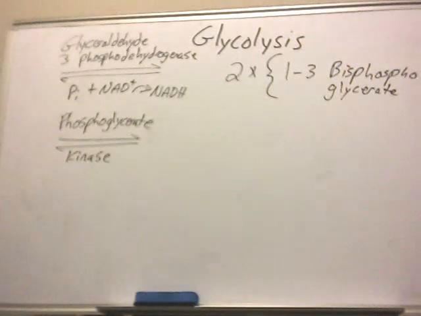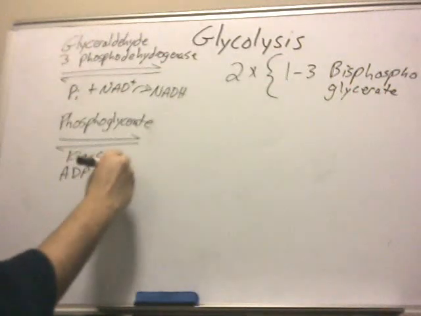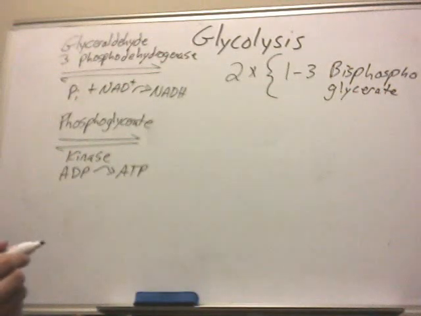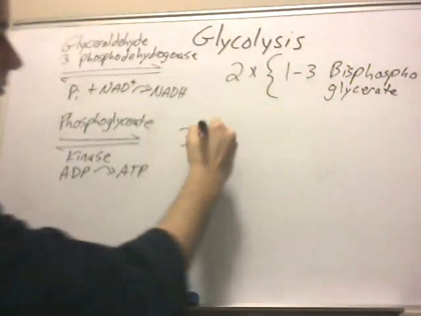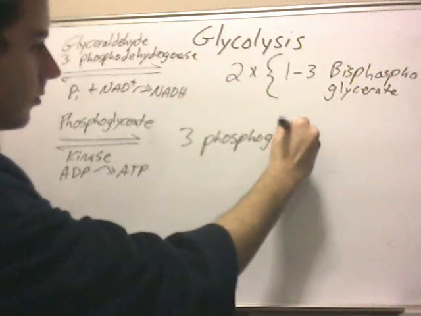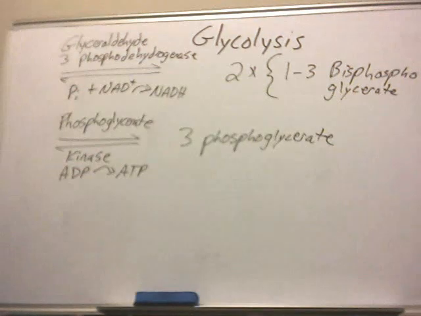This time we're taking away a phosphate group, so we're going to go from an ADP to ATP. From this we're going to get 3-phosphoglycerate. So we lost the phosphate on carbon 1.